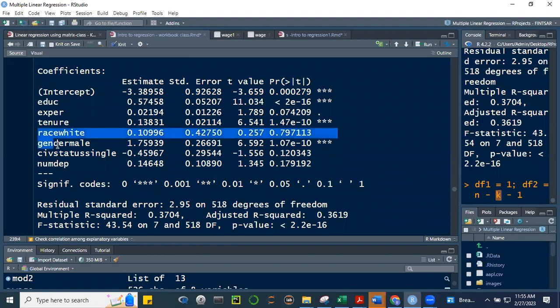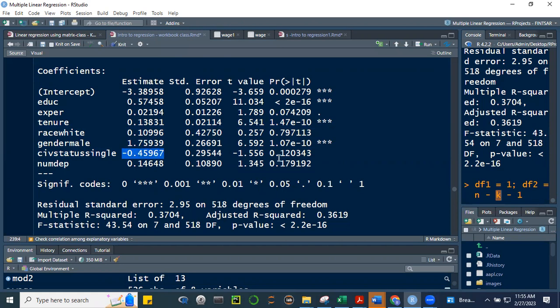So it's very important to note that these three variables have to be interpreted in the light of the benchmark. Si race white, interpreted siya comparing it to non-white. Si male, interpreted in relation to female. Si single, interpreted in relation to married. So ganun lagi class, no?